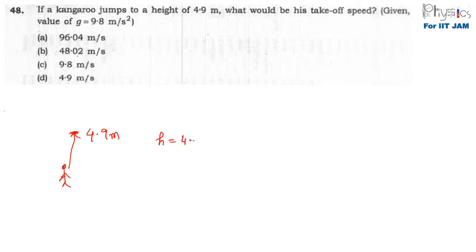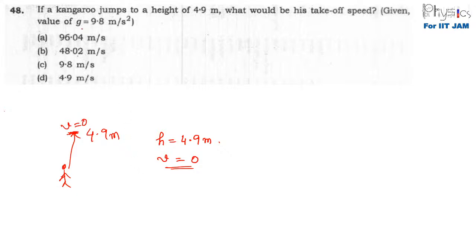If h equals 4.9 meter, then at the maximum height, what would be the speed of it? Speed or velocity, whatever you say, it will be 0, right? So at this point, v is 0.